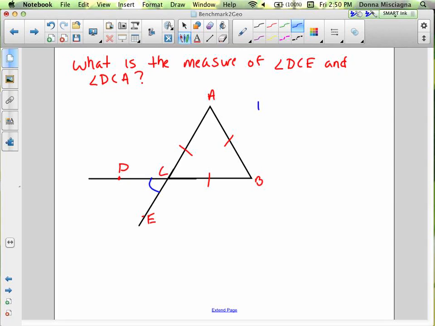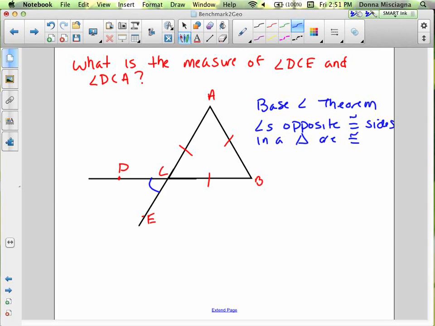We learned with base angle theorem that angles opposite congruent sides in a triangle are congruent. We also learned from triangle sum theorem that angles in a triangle add to 180 degrees.